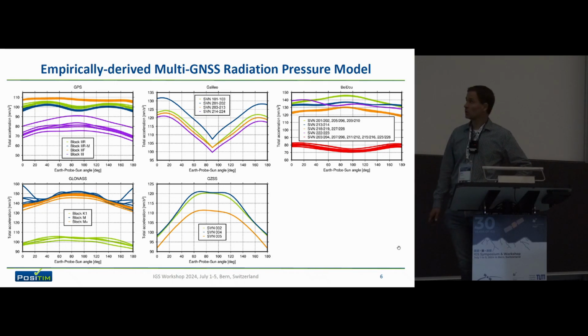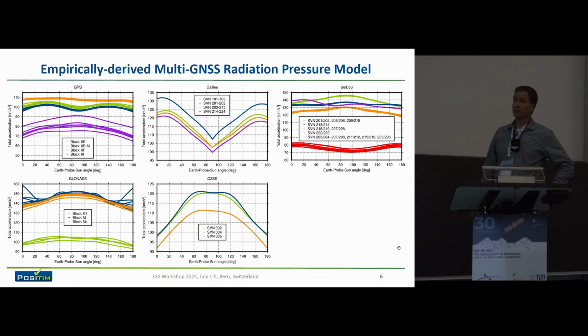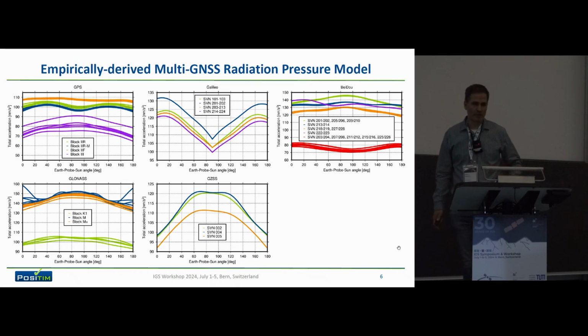But there are also quite significant differences between satellites of one block and one manufacturer. For instance, if you look at Baidu, it's on the upper right side. It's not just one group of satellites, there are more than 5-6 groups of satellites. So you have to see how to treat them, and we decided to do it satellite-wise.